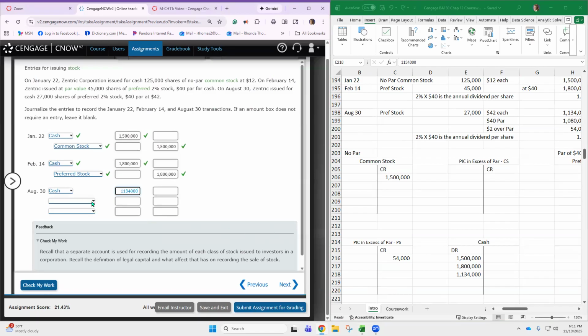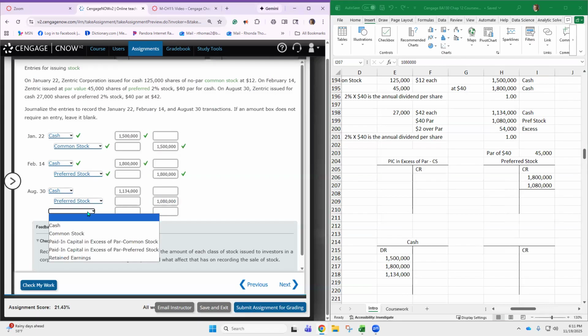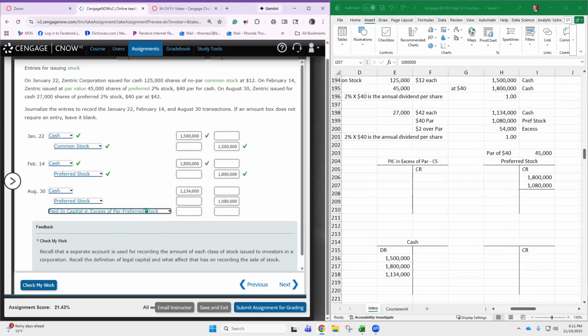Okay, and then when we record the preferred stock, we can only use par in the preferred stock account. So we're going to put $1,080,000 here, and then the rest is excess above par. Excess above par, and this was for preferred, right?